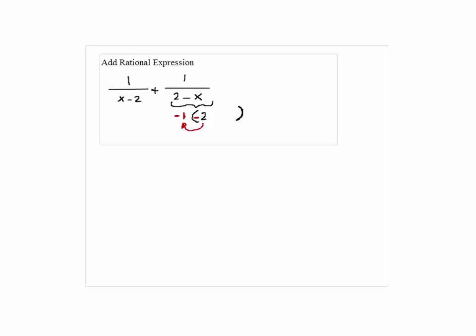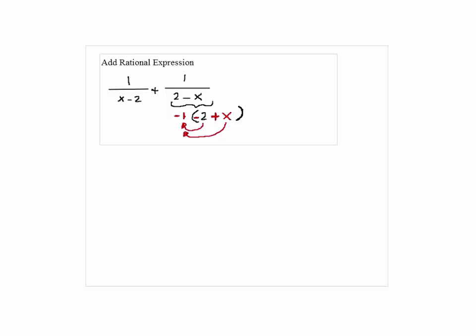If I put plus x here, would it work? If I multiply plus x times -1, Samantha, what do you think? I think it's plus x. Right, that's right, that works.